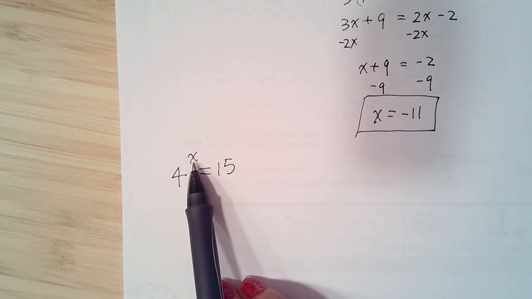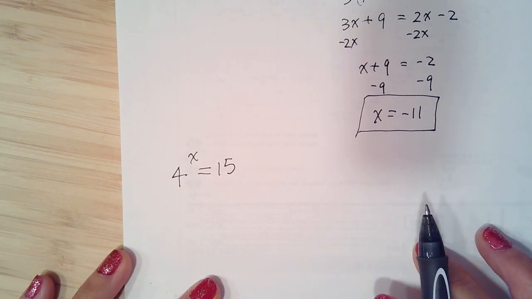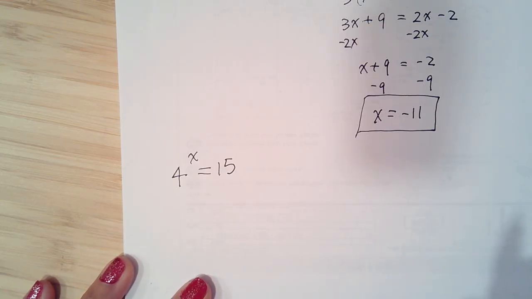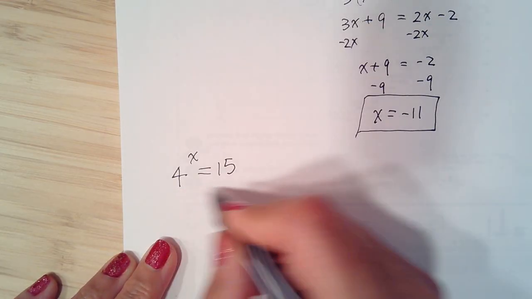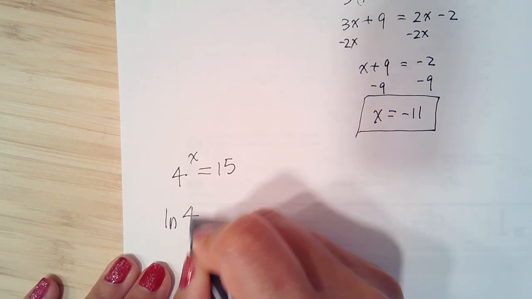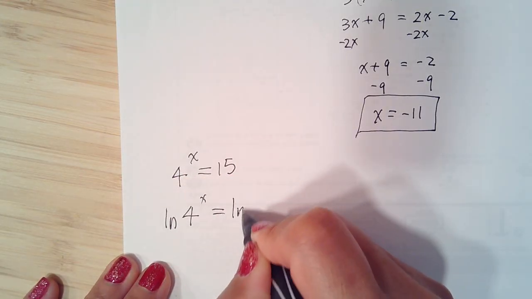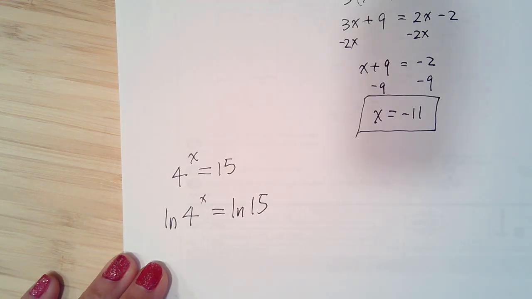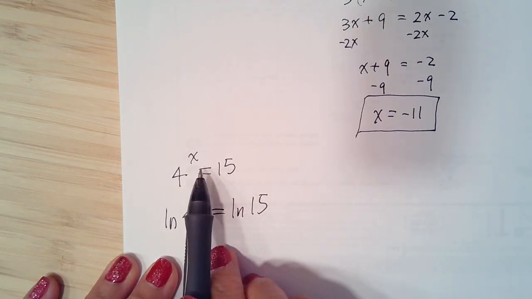So x is going to be something close to 2, like 1 point something, but we don't know. And you don't really need to give me the exact value unless you like. But anyway, how to solve it? You take ln on both sides. You put ln of 4 to the x equals ln 15. Once you do that, the good thing is there's a power.